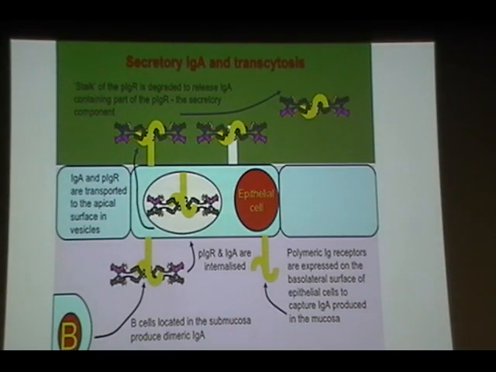And to belabor it even further, you've got this. These are B cells located in the submucosa. They convert to plasma cells that produce the dimeric immunoglobulin A, bind to this receptor, are internalized, and the receptor becomes the secretory component.